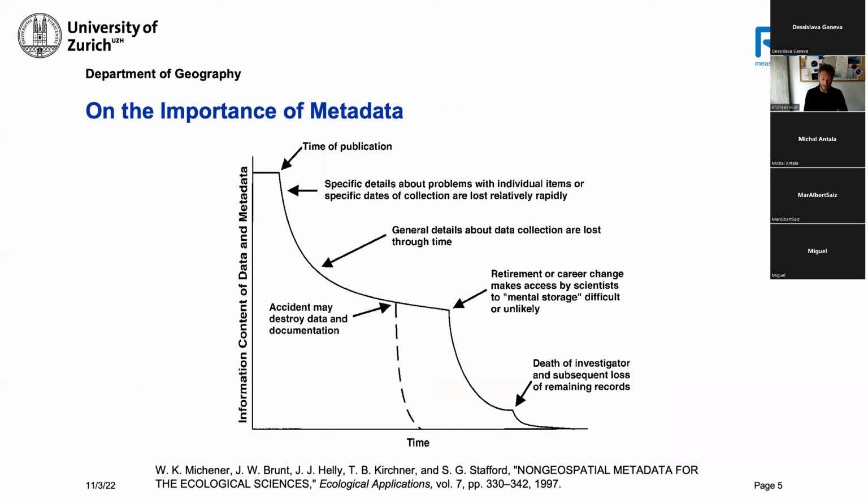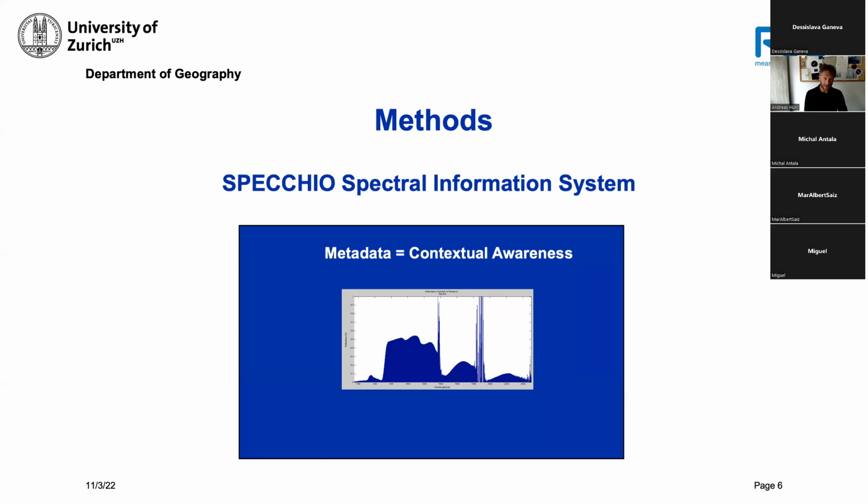This is the end of it all, and one should look into ways to conserve that information for future use. In fact, the metadata is equivalent to contextual awareness. The metadata should help you to understand why spectra were recorded and how they were recorded.